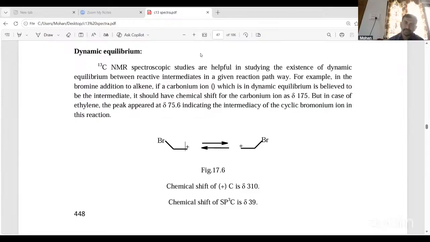Dynamic equilibrium means equal conversion, with the forward reaction and the backward reaction taking place at equal rates, in equal proportions, right? You can observe both reactions, the forward reaction as well as the backward reaction.